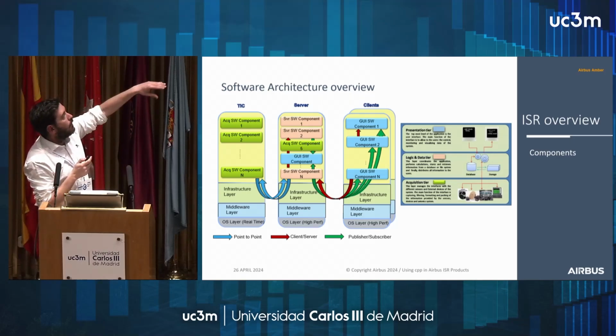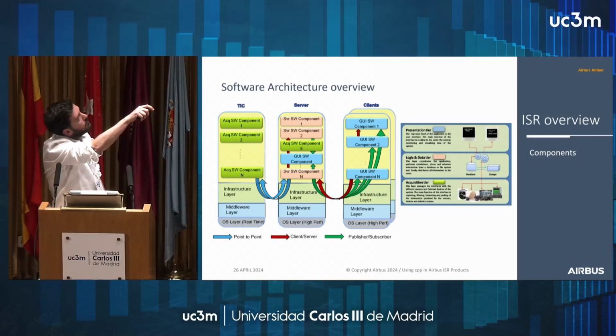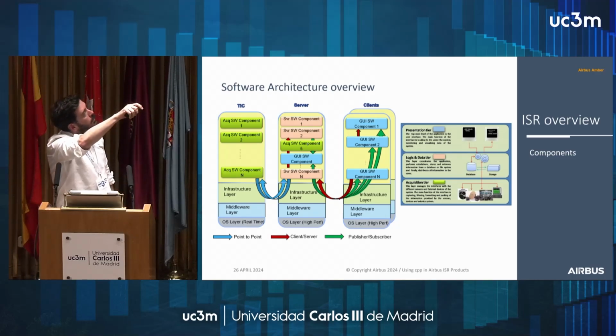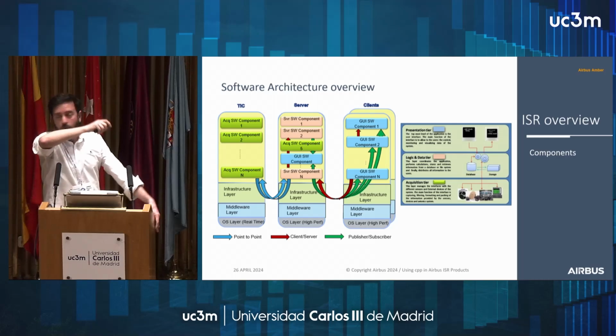Of course, we have a 3-tier architecture with front-end, presentation tier, logic and data, and acquisition tier. Two of these can be in the backend and the other in the front-end always.